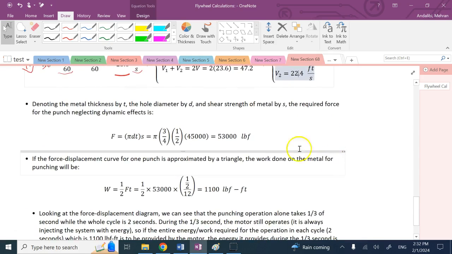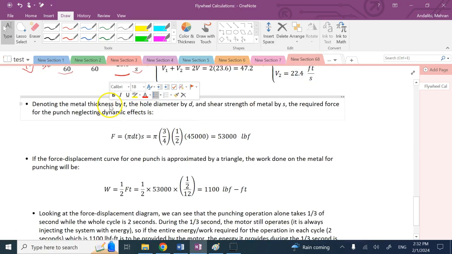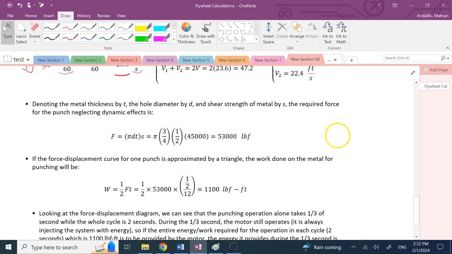Now, let's go about calculating the mass. So here, as I said, the thickness of sheet metal is shown by T, the diameter of the hole by D, and the shear strength of the metal by S. Then the required force for punching, if you neglect dynamic effects and just calculate it based on static assumptions, is the surface area of the hole, which is pi times D times T. Remember, pi times D is the circumference of the hole multiplied by the thickness of the metal.